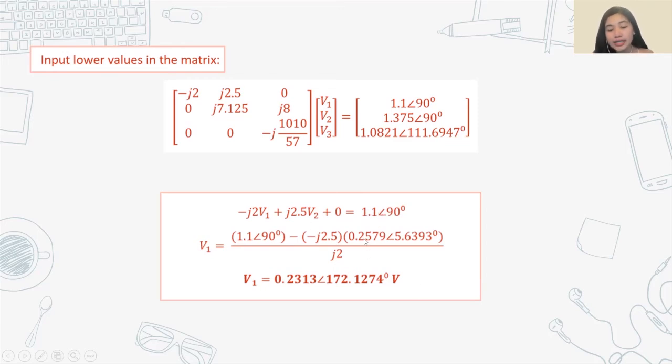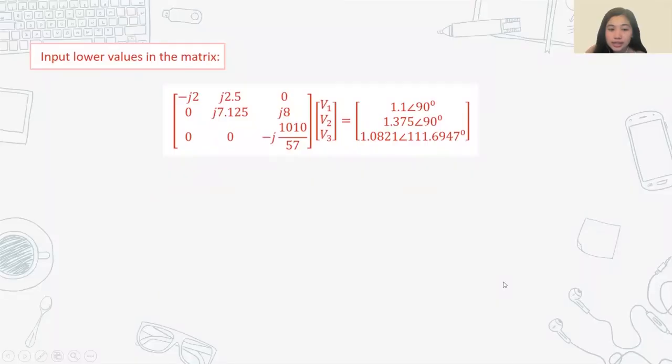After that, substitute V2 and perform the operation to solve for V1. As you can see, it is 1.1 at an angle of 90 degrees minus negative J2.5 times 0.2579 at an angle of 5.6393, all over our J2. So our V1 will be equivalent to 0.2313 at an angle of 172.1274 degrees voltage. As you can see, these are our three voltages.